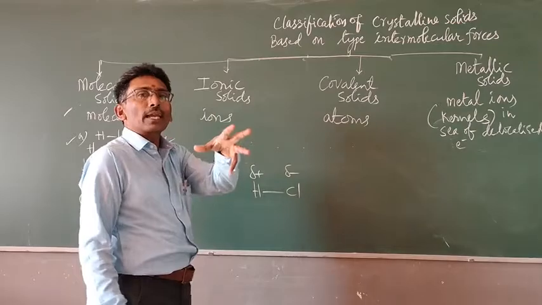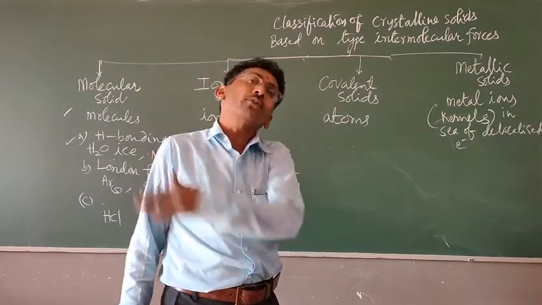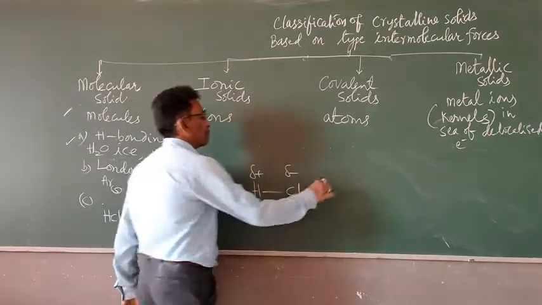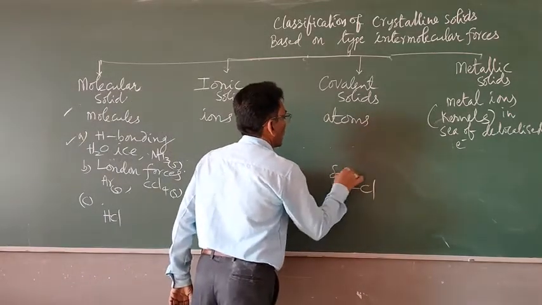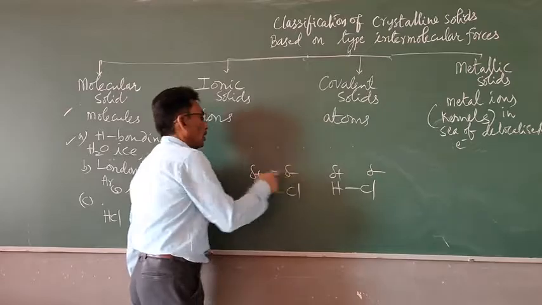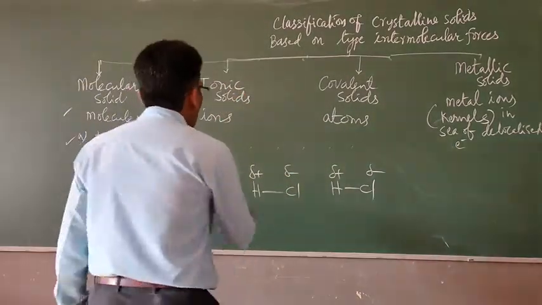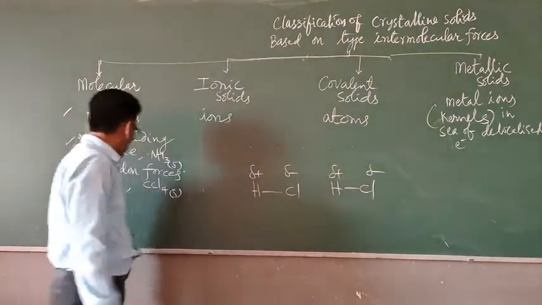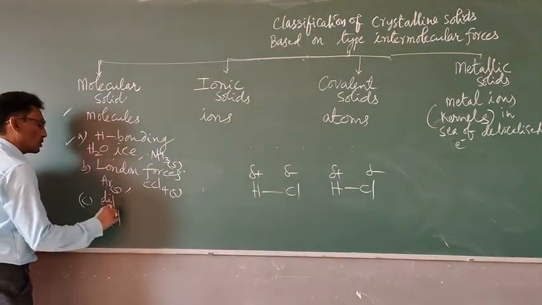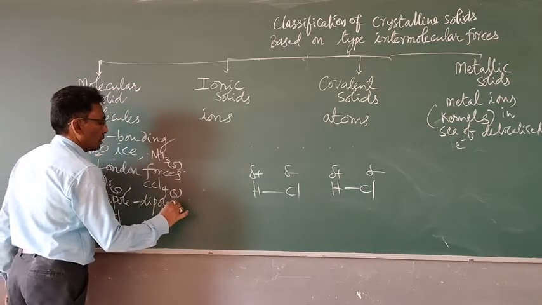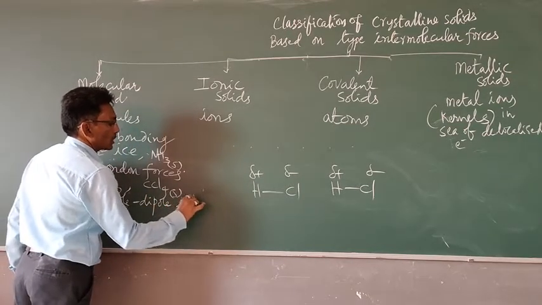HCl is generally a gas that is converted to liquid and finally into a solid. How is HCl solid held together by another HCl? Two charges are present in the molecule, which is called a dipole, and one dipole is attracted by another dipole. These interactions are known as dipole-dipole interactions.